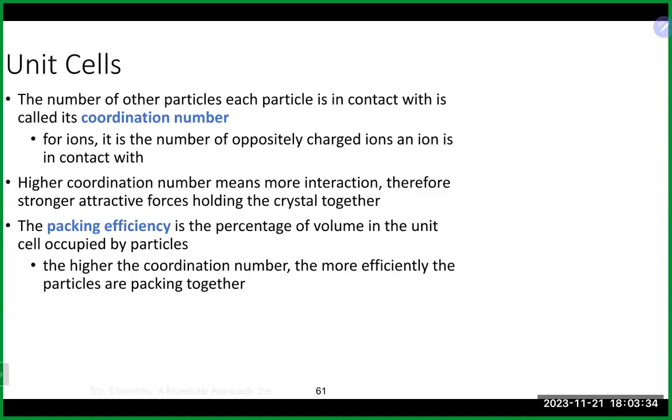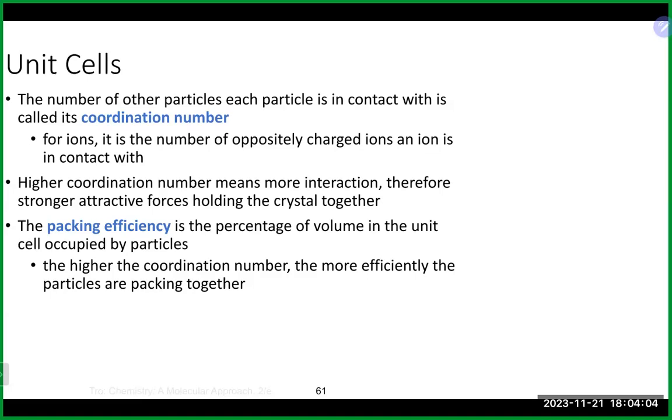Another thing that we talk about is what is referred to as the coordination number. The coordination number is the number of ions that are in contact with each other. So the higher the coordination number, the more interactions you have between neighboring atoms and molecules that may be in there. Packing efficiency, we're not going to get into too much of that, but packing efficiency is how they all could fit together in the solid state in the most efficient manner.